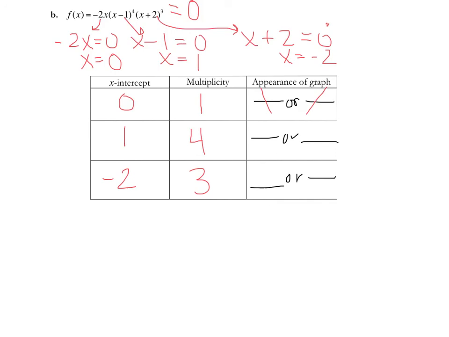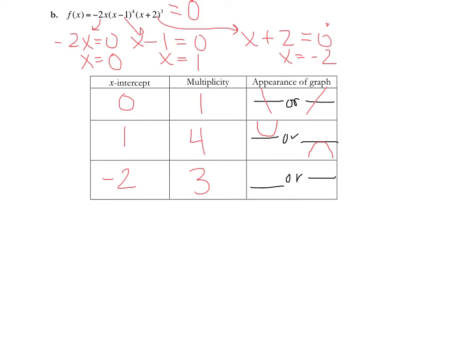The next one is a multiplicity of 4, and for any even multiplicity, whether it's 2 or 4 or 6 or 8, the graph will come down and touch the x-axis and turn back around from one of the two directions.